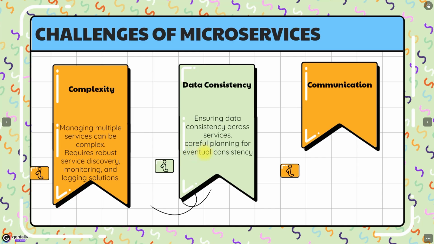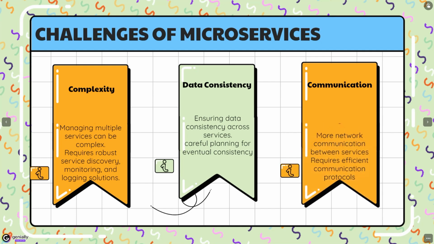It requires careful planning for eventual consistency, distributed transactions, or CQRS. It means command query responsibility segregation. And communication. More network communication between services compared to in-process calls within a monolithic application.